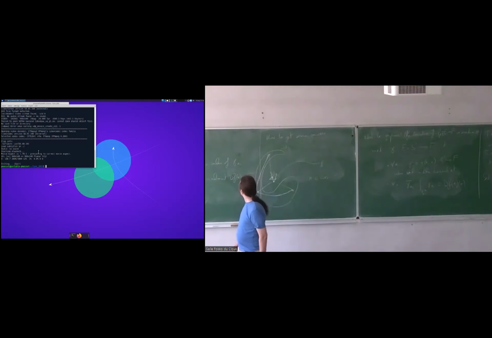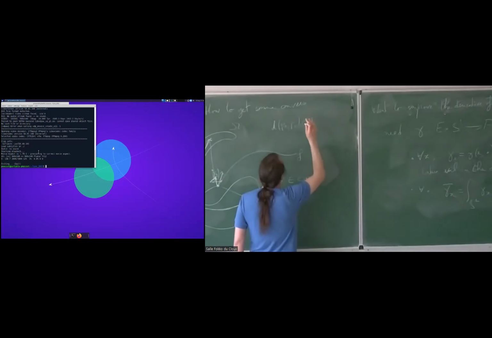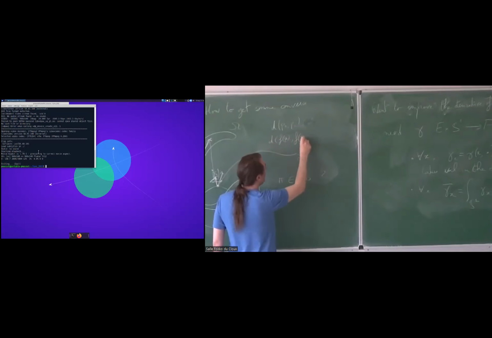I don't have the screen again, but the computer really keeps track of what everything is. For instance, in my proof I had stuff like the distance between P1 and P2 is less than something, and on the next line the distance between f of P1 and f of P2.